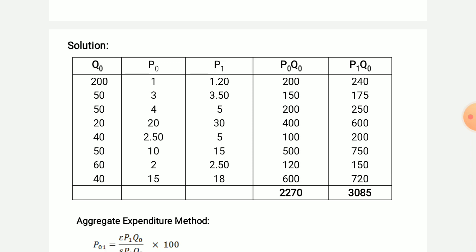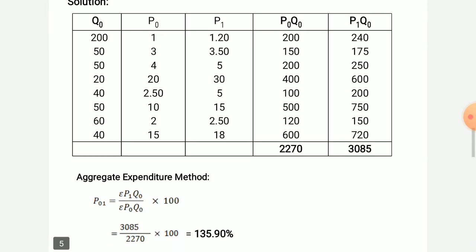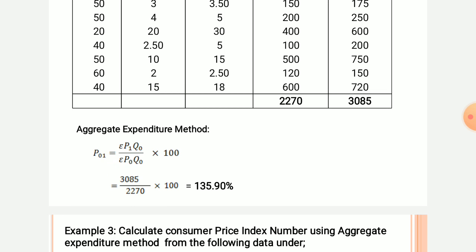Sigma P1Q0 is equal to 3085, and sigma P0Q0 is equal to 2270. Now substituting these values in the formula, P01 is equal to sigma P1Q0 divided by sigma P0Q0 into 100, current year price into base year quantity divided by base year price into base year quantity, into 100.